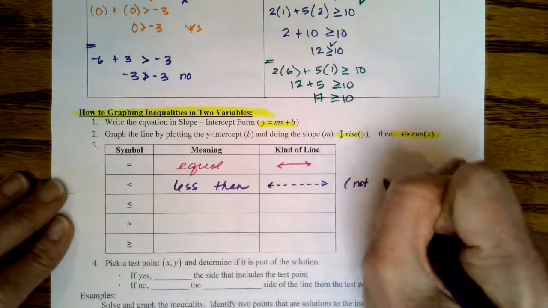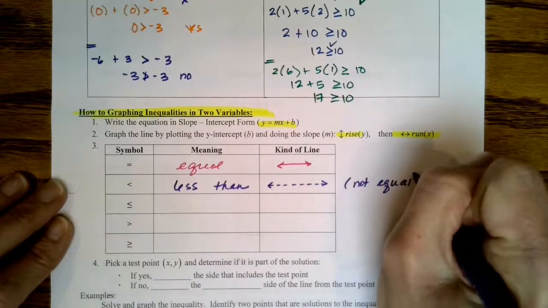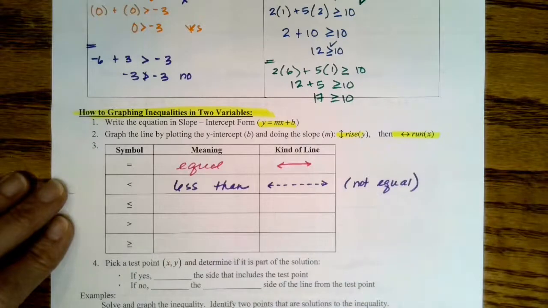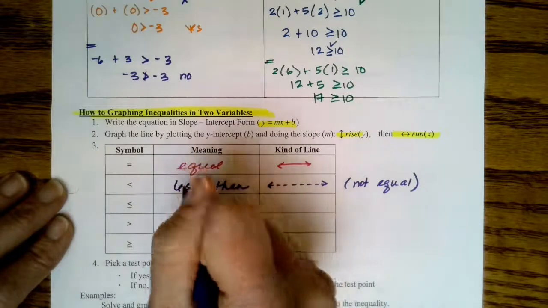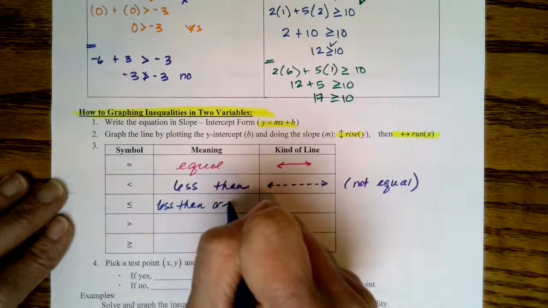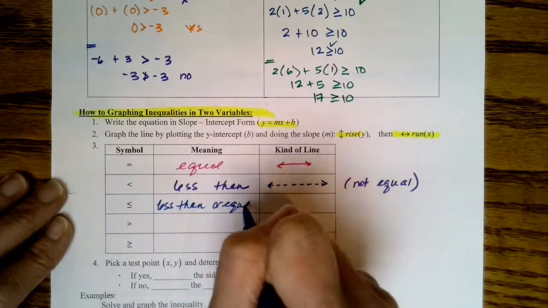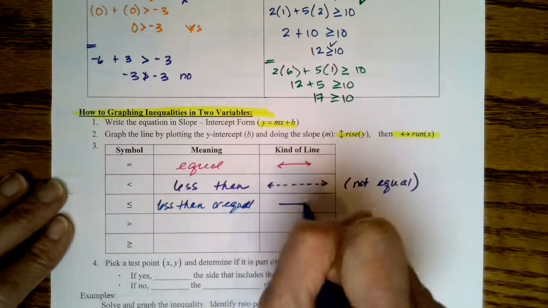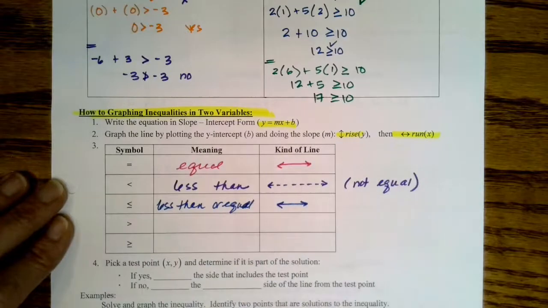That line in a graph represents everything that it is equal to. Here I have a less than or equal to, so that means I am going to have my solid line because it is allowed to be equal to it.